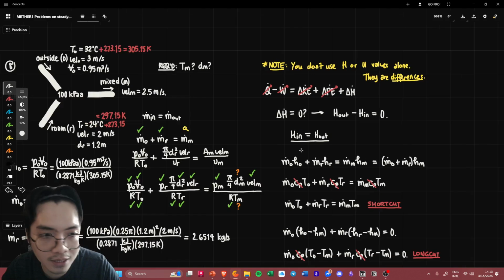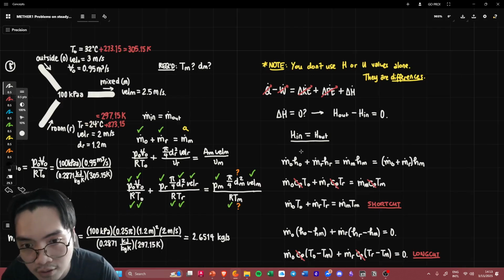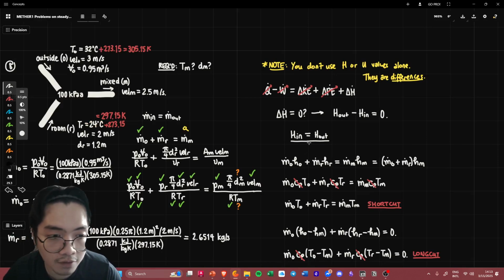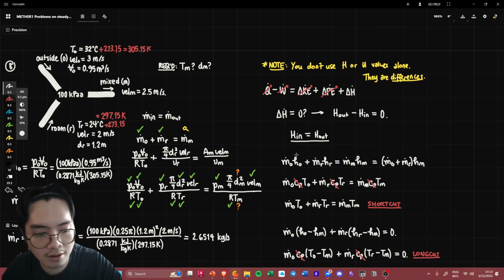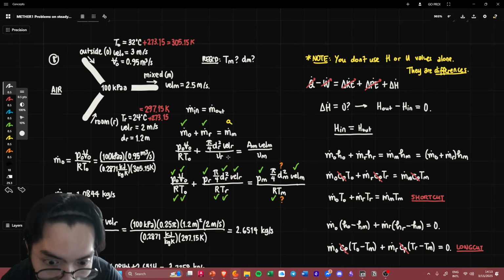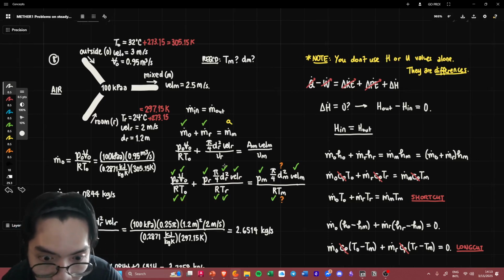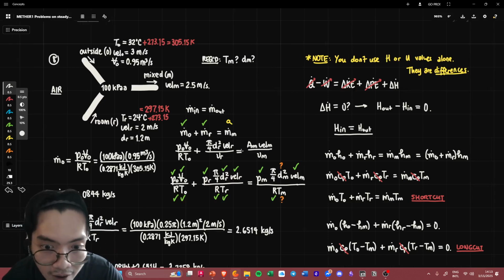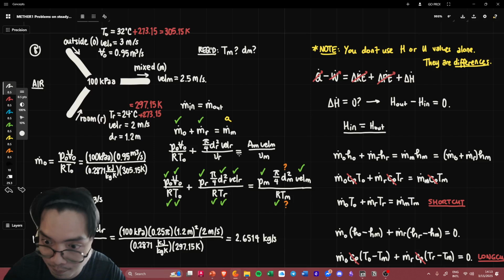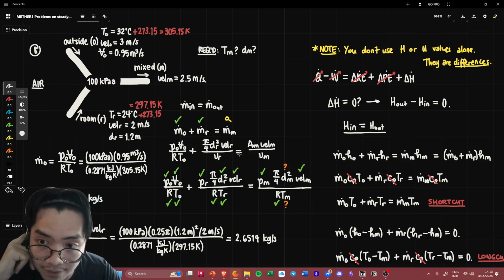No heat was added, no heat was removed, no work was added, no work was removed. Therefore, if you also remove the changes in kinetic energy, which actually there are supposed to be also changes in kinetic energy in here because we have velocities, that will add another layer of complexity to everything.